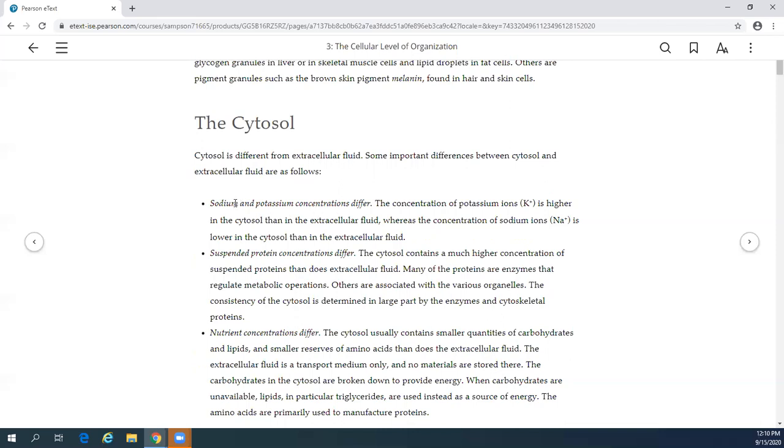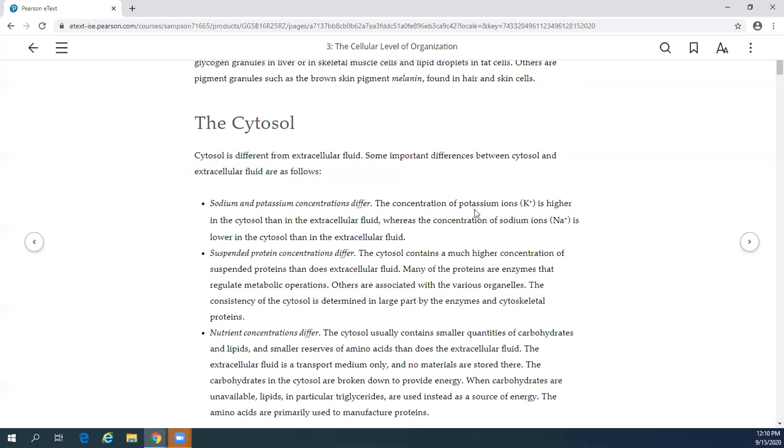Sodium likes to live outside the cell and potassium likes to live inside the cell. And that difference there is an ability to do work. So when we talked about potential and kinetic energies, this is one way that, for example, we can get a heart cell to function, because of this difference, the sodium on the outside and potassium. And remember, we're talking about them as ions, right? So anions or cations.